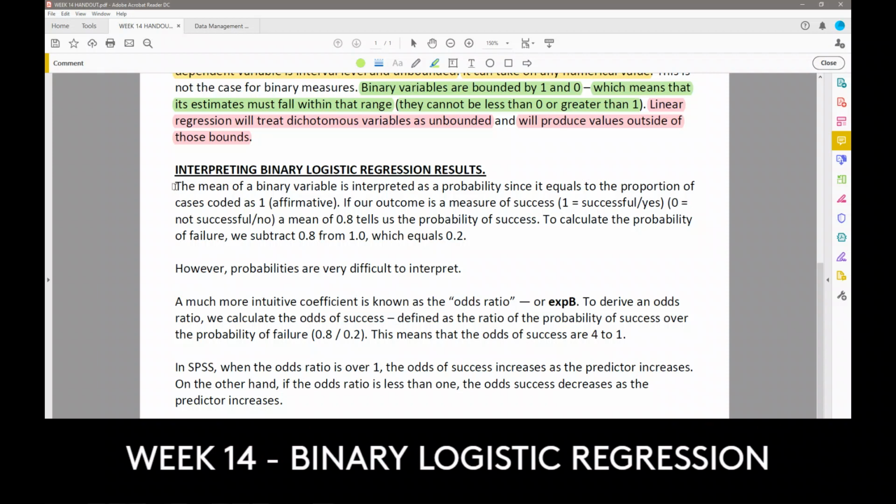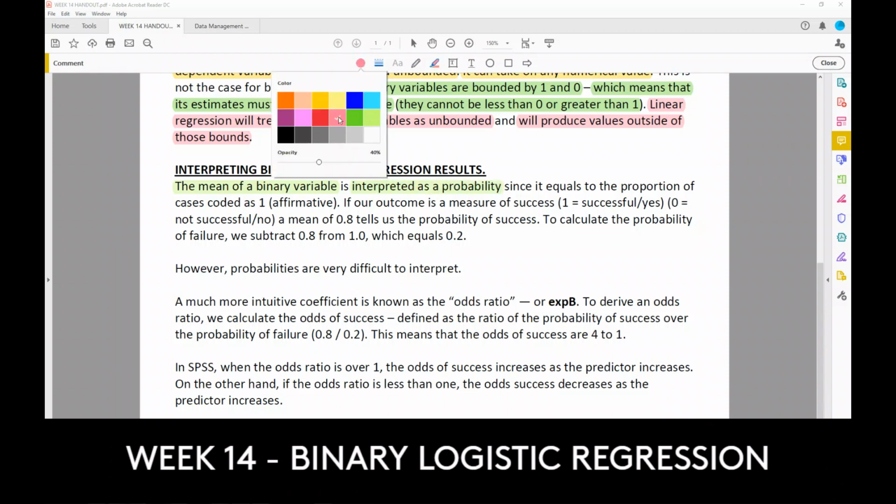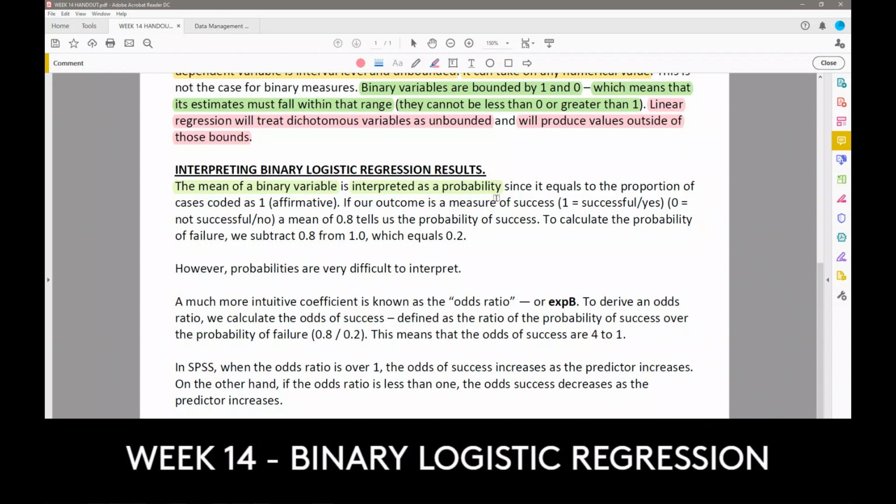If we were to derive the mean of a binary variable, it equals a value that is interpreted as a probability. I'm not sure if you have a background in probability, but it equals the proportion of cases that are coded affirmatively as 1, which is representative of the overall probability of whatever the variable is measuring.